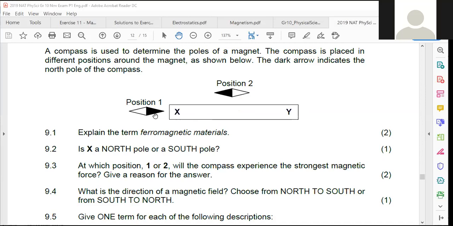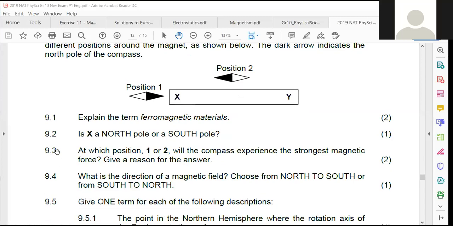Because the dark arrow indicates the north pole of the compass, and a north pole attracts a south pole, sir. Correct. So X becomes a south pole. If this is north, this cannot be north, because like poles repel one another. So X must be south. Correct. 1 mark.